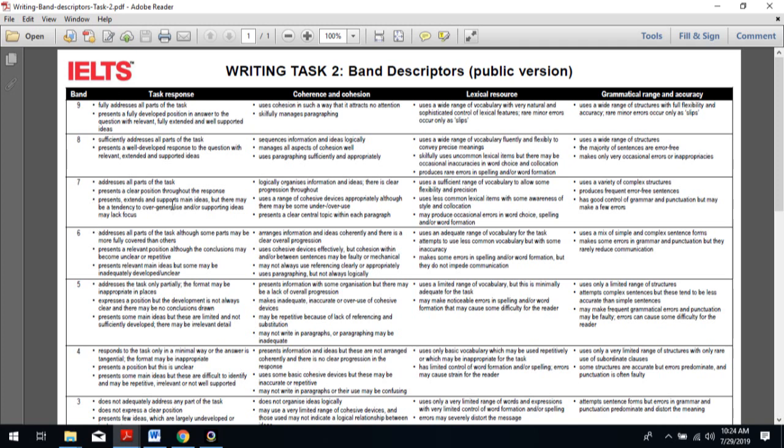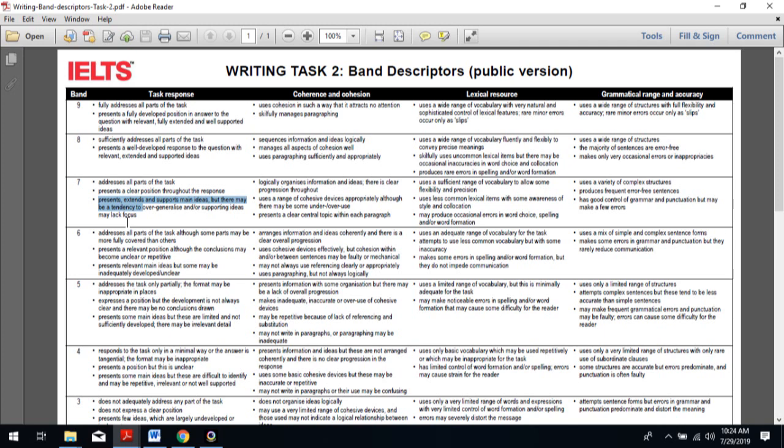You should also present a clear position throughout the response. So if you agree in your introduction and in the body, make sure that you also repeat your agreement in the conclusion.